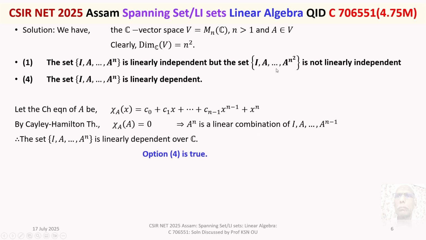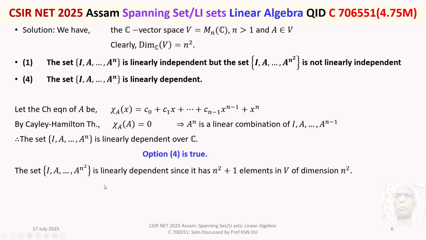Agreed. Let's see what happens to this one. With this much of information, we can throw away the option 1 also. Option 1 is not true. But anyway, having come this far, let us see whether this set, that is the set consisting of I, A, etc., A power n square, is linearly independent or dependent. The set consisting of I, A, etc., A to the power of n square is linearly dependent. Why? Because these are n square plus 1 elements in V whose dimension is n square.